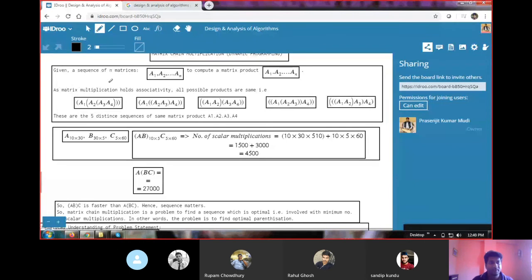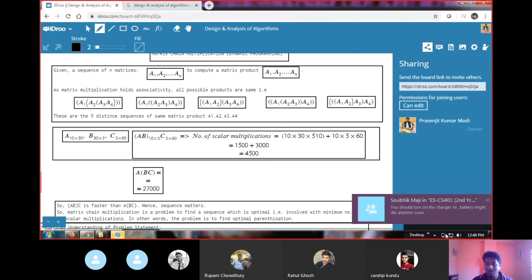We are not actually interested in the final matrix product, rather we are interested in how this product is being calculated. For example, if we are given four matrices, how should we compute the product, in this way or this way or this way?